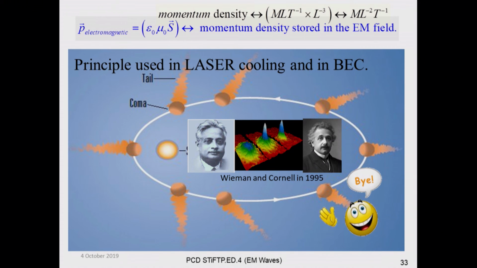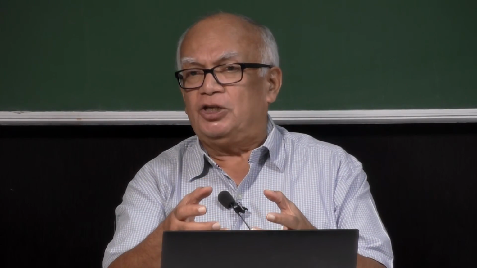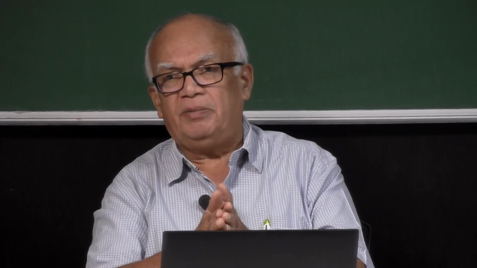Okay? And this is the principle which goes into slowing down atoms. So you can take an atom, shine light on it from this side, and it imparts momentum on it. So it is like a physical collision of two objects, and this is going to slow down this object. It can push it in this direction, but then you have another laser beam from this direction and trap it in between. It might escape to the top or bottom.